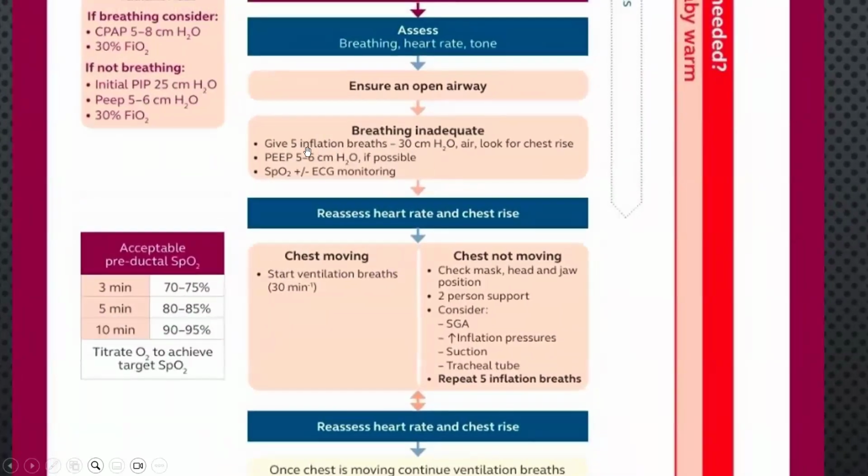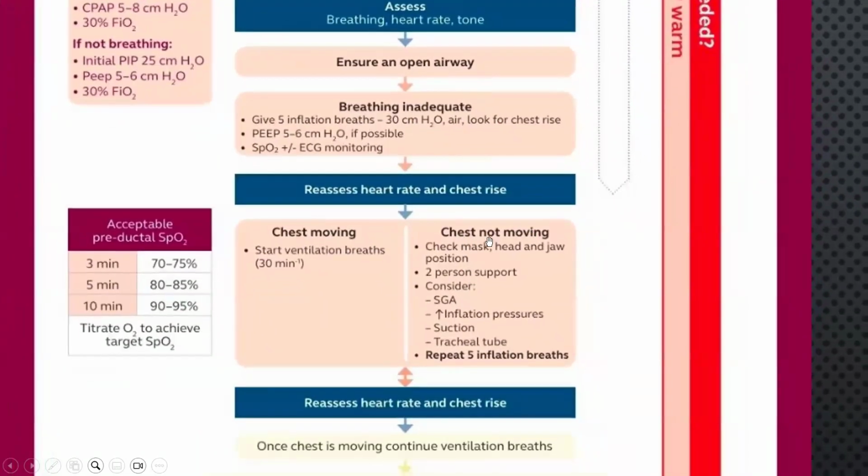Here, if the chest is not moving, you can check mask, head, jaw position, two person support, then consider a supraglottic airway. Did they mention intubation? No. The intubation is at the end.